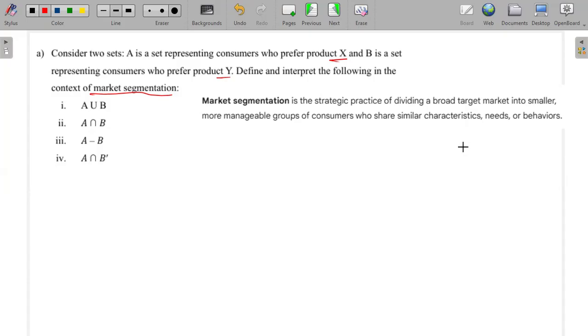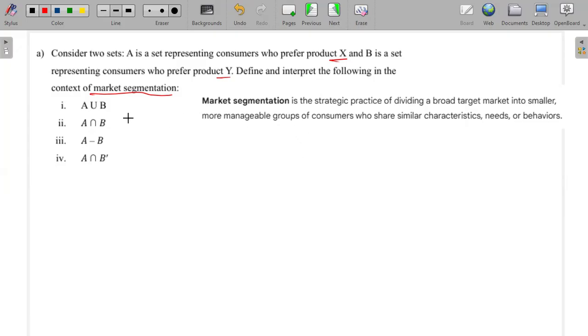In short, we take the broader target market and divide it into smaller groups that we can easily manage or study based on their behavior and needs. Okay, so that's what market segmentation is.